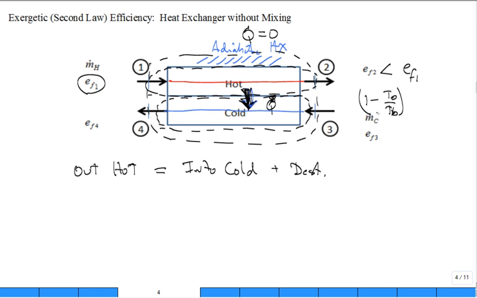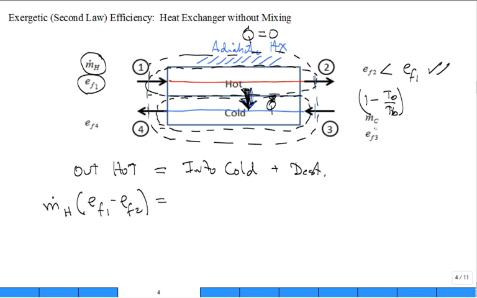So that's coming out of that hot fluid stream. There's a couple ways to think of it, but this is the correct relationship. So the mass flow rate of the hot fluid times EF1 minus EF2. That's what's coming out of the hot fluid stream.